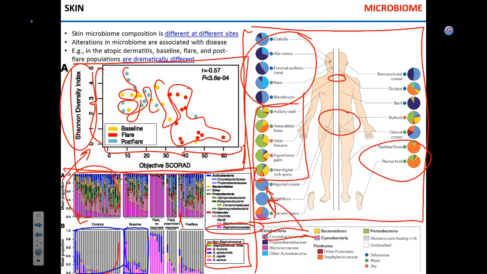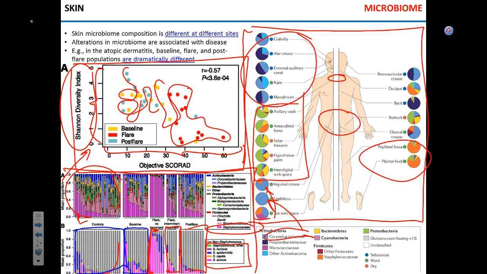That's the baseline. Now this is the amount of Staphylococci in the middle, in the patients without any treatment during the flare. And then you see that post-flare, the bacterial populations come back to normal, and treatment reduces them back to normal.